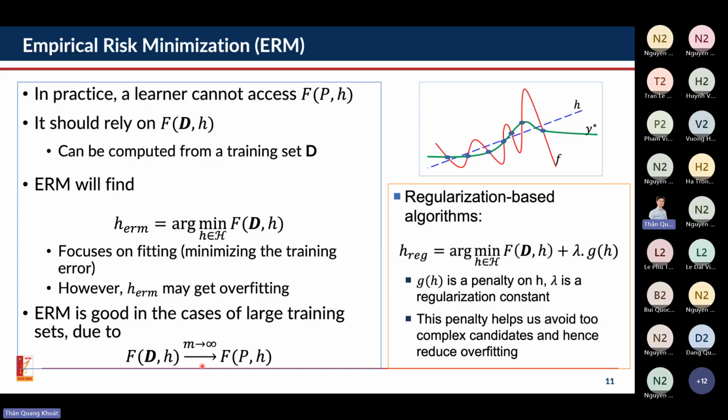So that's why in practice we often use one way, it is regularization. And the idea is very simple. We can add a regularization term here to penalize complex models when we do training. And we often use some way to measure the complexity of the model, and lambda here is a non-negative constant.